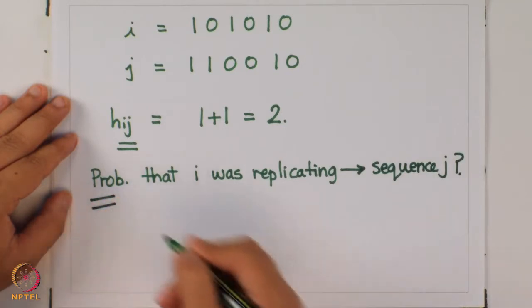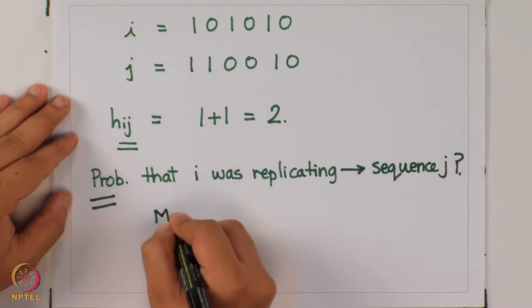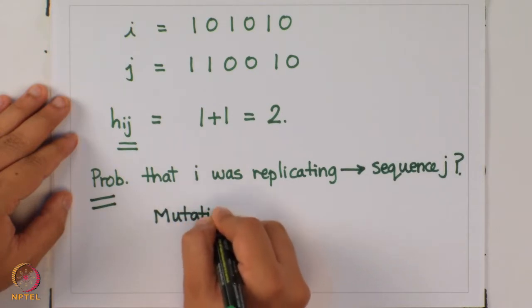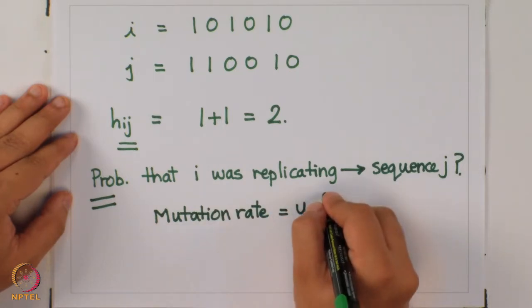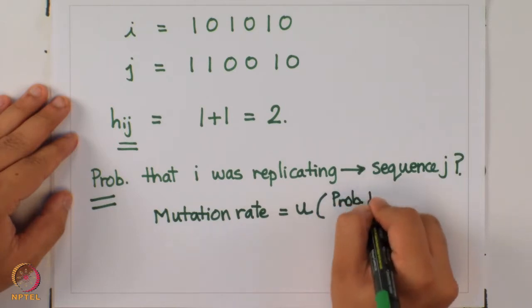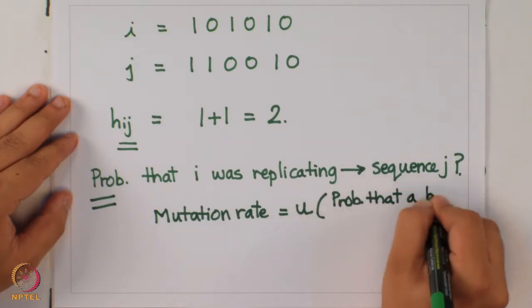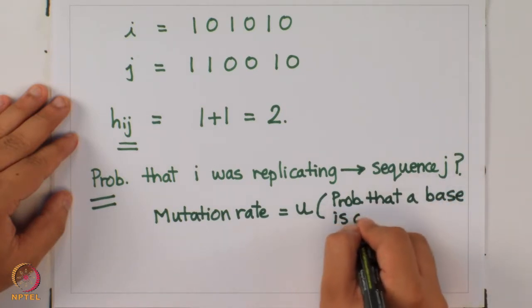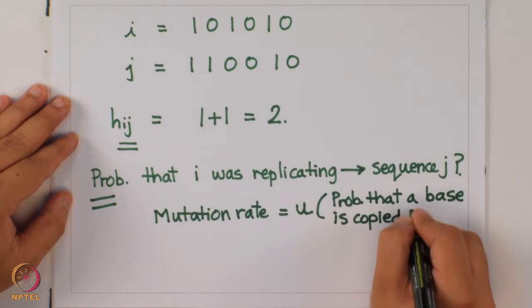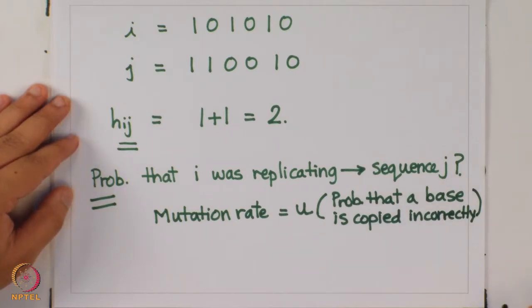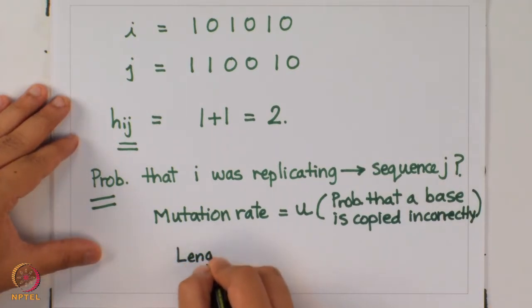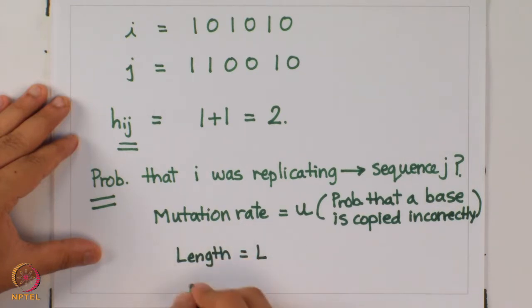What is the probability that this happens given that the mutation rate is equal to u, which is the probability that a base is copied incorrectly, the length of the sequence is L, and the Hamming distance between I and j, let us say, is equal to alpha.